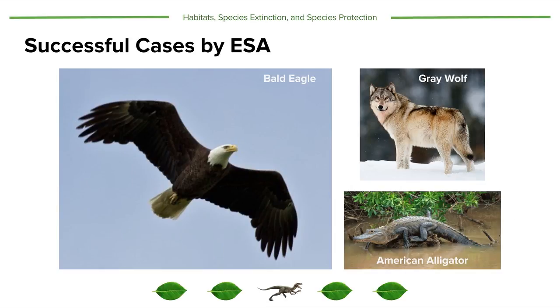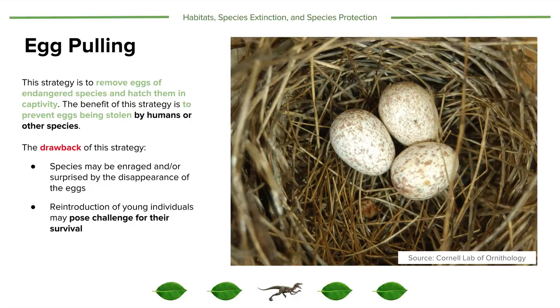These are the well-known examples under the Endangered Species Act: the bald eagle, the gray wolf in Yellowstone, the American alligator in the south, bald eagles on the west coast. So these are good examples, but the problem is that the species that are protected are much fewer than what need to be protected. So the effectiveness of species protection is very limited.